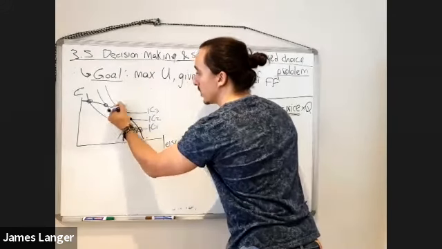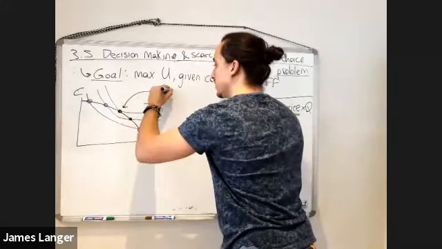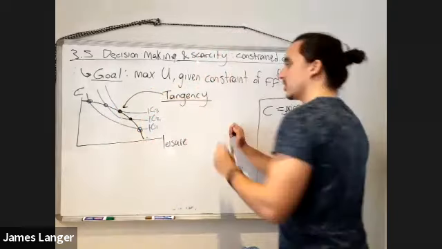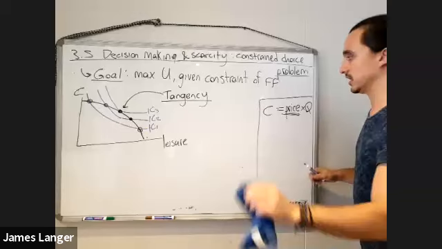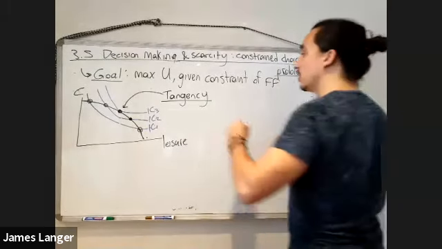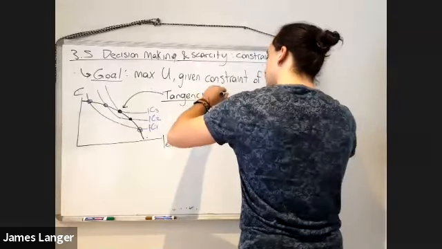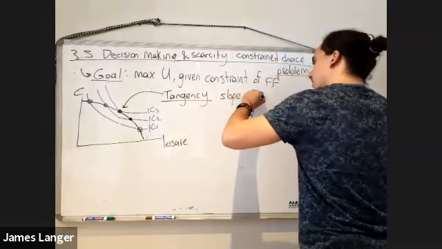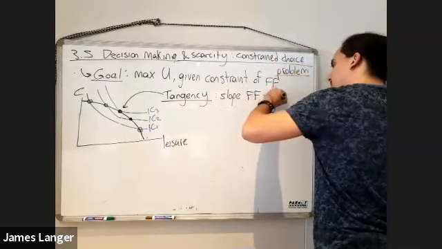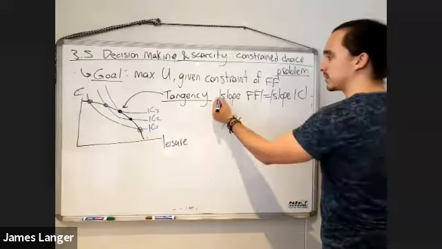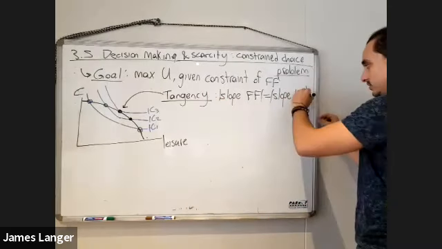And what we do is we look for the point of tangency. When I have tangency, what do I know? I know that the slope of my feasible frontier is equal to the slope of my indifference curve. And we can talk in absolute values, but they're both negative, so we don't have to.